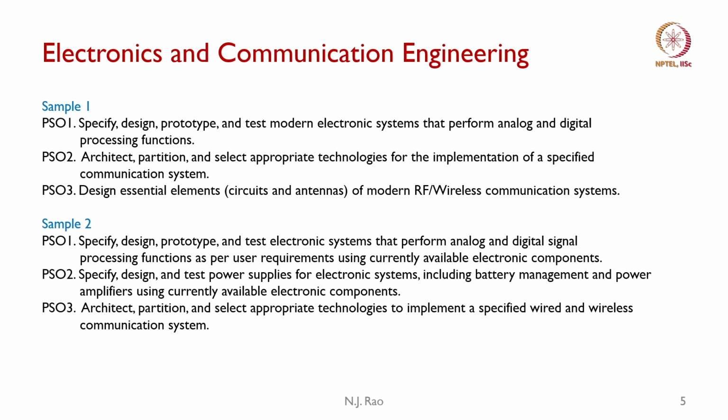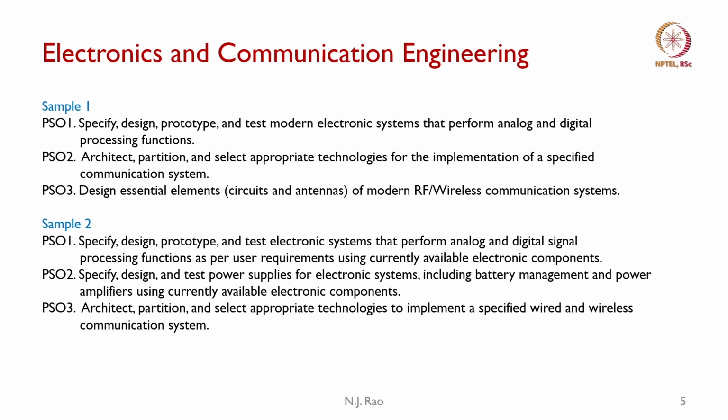Then we talk about PSO2: architect, partition and select appropriate technologies for the implementation of a specified communication system. So here we are not designing or prototyping, but we are architecting, partitioning and selecting appropriate technologies. That means the student should be trained to architect a communication system.